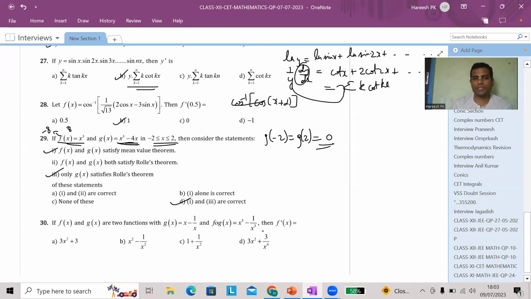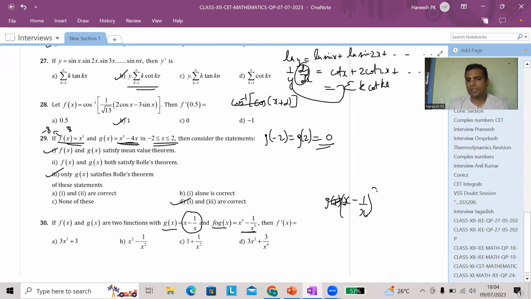30th one, an interesting one. If g of x is x minus 1 by x and f of g is this, we need to figure out what f is. So what operation should I do on g so that I end up with that term? It's again easy. If you want x cube minus 1 by x cube, you will have to cube g of x. What is g of x whole cube?